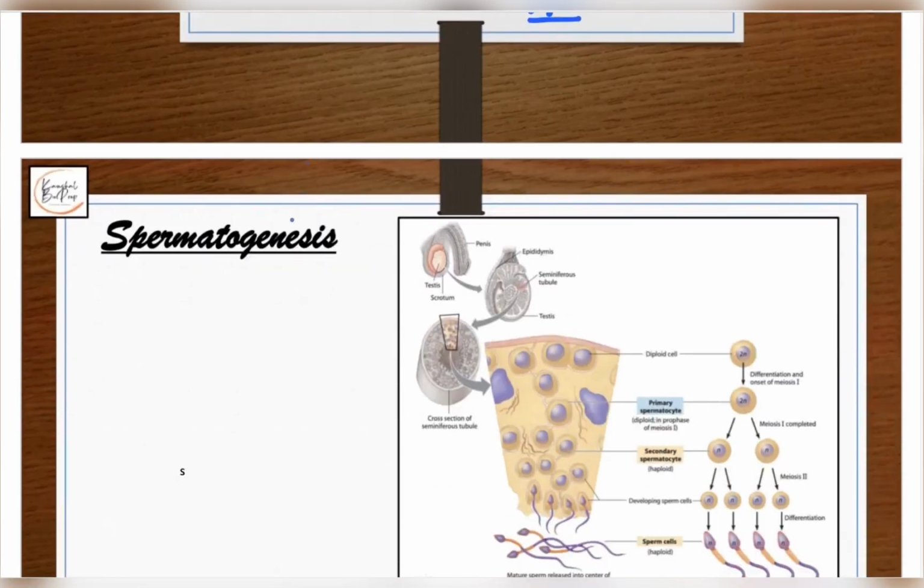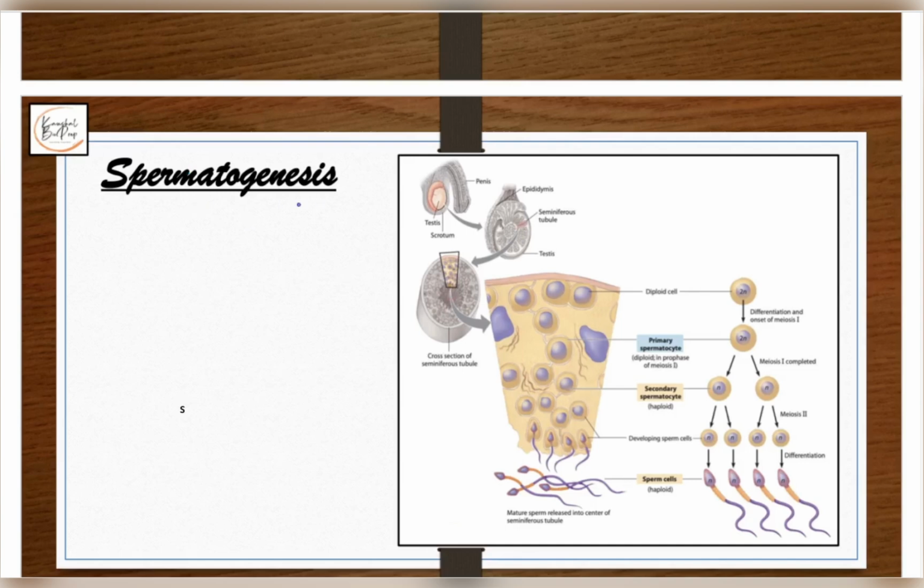Now, if we need to understand spermatogenesis, which is the whole process, first you need to understand the location. Spermatogenesis occurs inside the primary gonads. The primary gonad of the male body is the testis. Here you can see a small picture of the testis. Inside the testis, if you cut it open, you will see different sections.